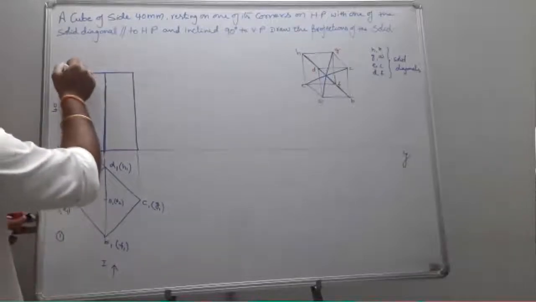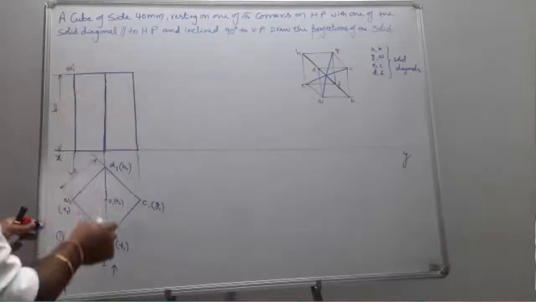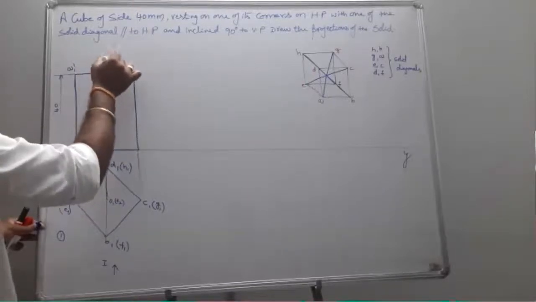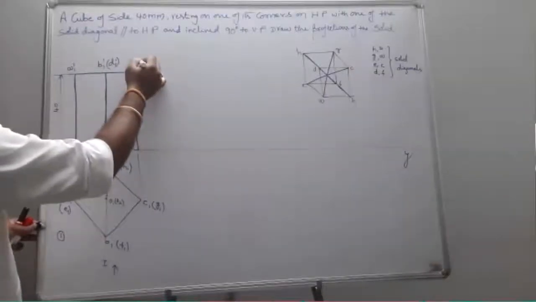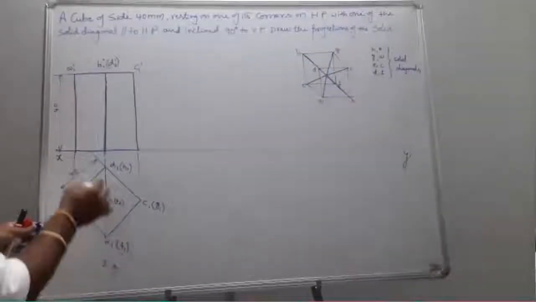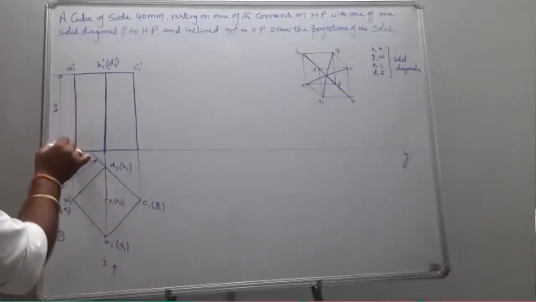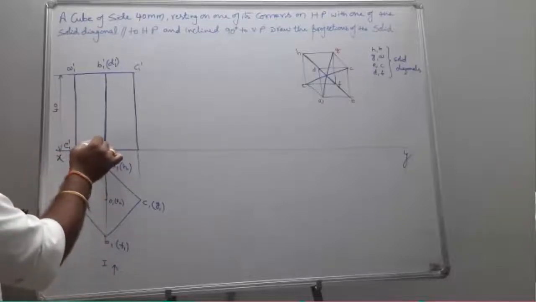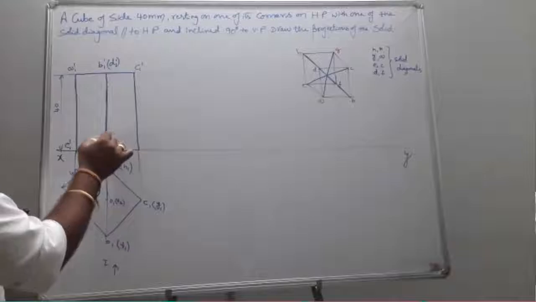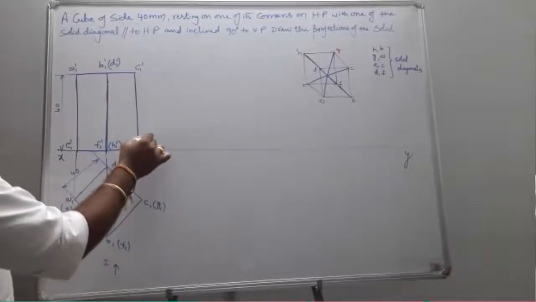So this becomes A1 dash, B1 dash, D1 dash, and this becomes C1 dash. Next, the bottom base points are EFGH. So this becomes E1 dash, F1 dash in bracket, H1 dash, and this becomes G1 dash.